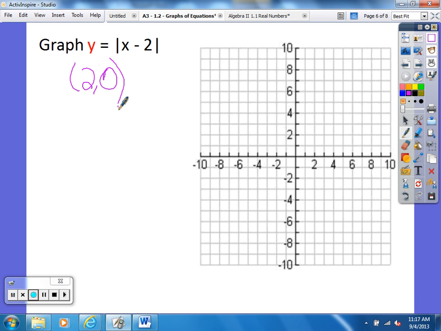What number is in front of this absolute value sign? A 1, right? That means your slope is 1. So I'm going to plot a point at 2, 0. And then from there, I'm going to go up 1 over 1, up 1 over 1, up 1 over 1. But I also have to do it the other way because it has to make the letter V. And that's it. That's an absolute value graph. Did I scare you yet? Okay. We're good.